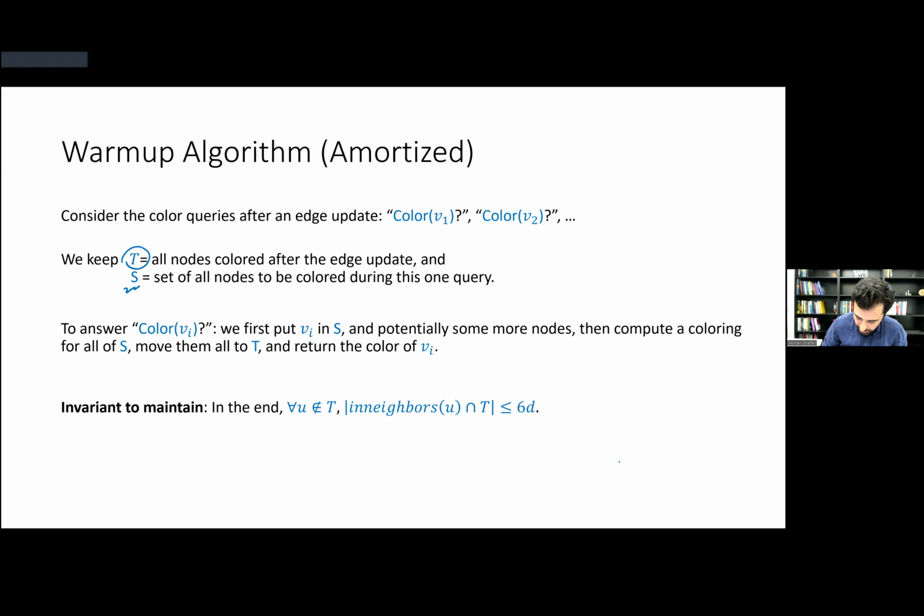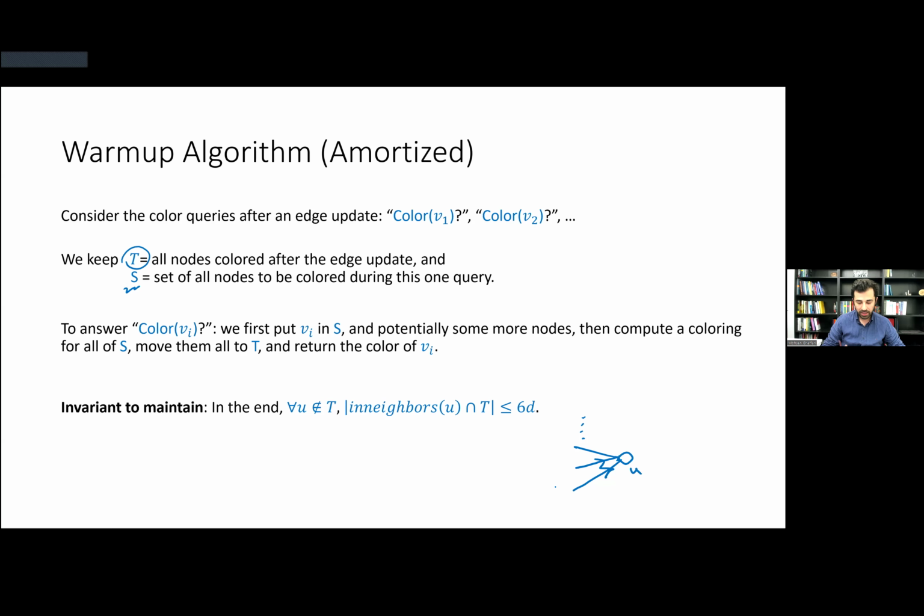It says that for each vertex U that has not been already colored, if I look at its in neighbors, which can be much larger than D or order of D, I would like to maintain that at most 6D of them have been colored. If a vertex ends up violating this condition, I'll put that vertex in set S and I'll color that vertex as well, during this query, to ensure that I'm not in violation of this invariant.